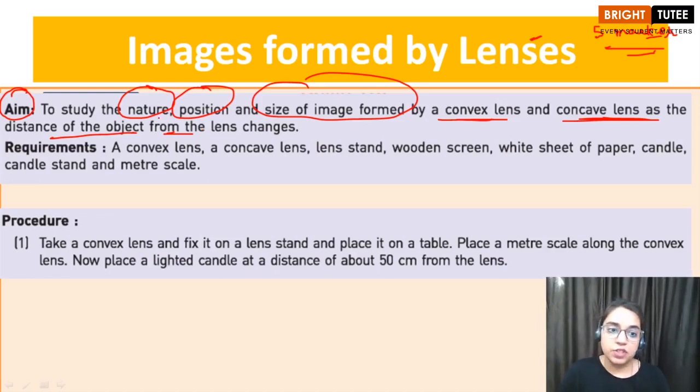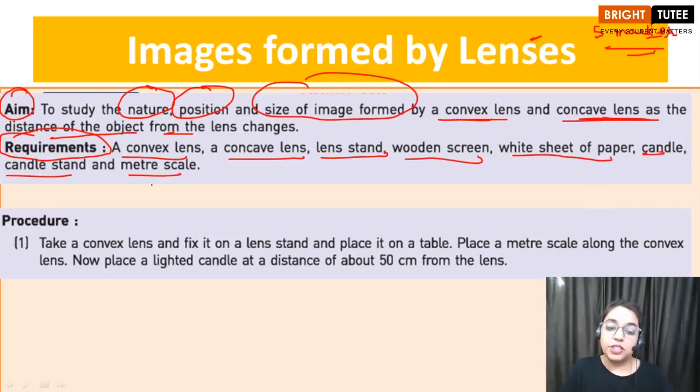Then, children, you will write about the requirements or the materials required, which will be a convex lens, concave lens, lens stand, wooden screen, a white sheet of paper, candle stand, and a meter scale. Now we'll discuss the procedure.